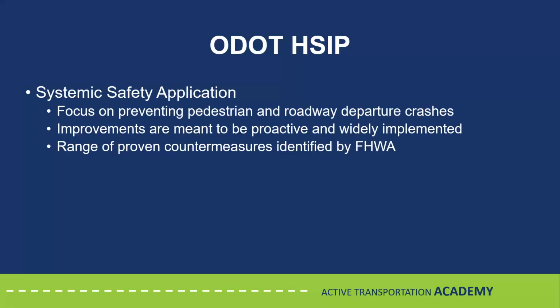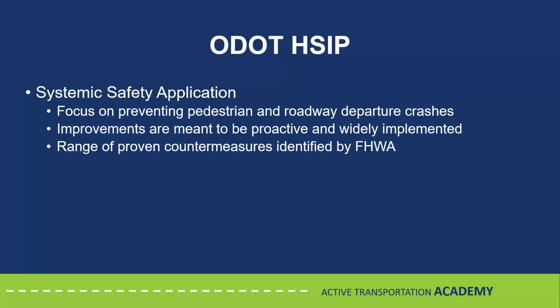In January 2022, ODOT accepted project applications that focused on preventing pedestrian and roadway departure crashes through systemic infrastructure improvements. These are 2 crash types linked to high severity crashes, specifically in Ohio.